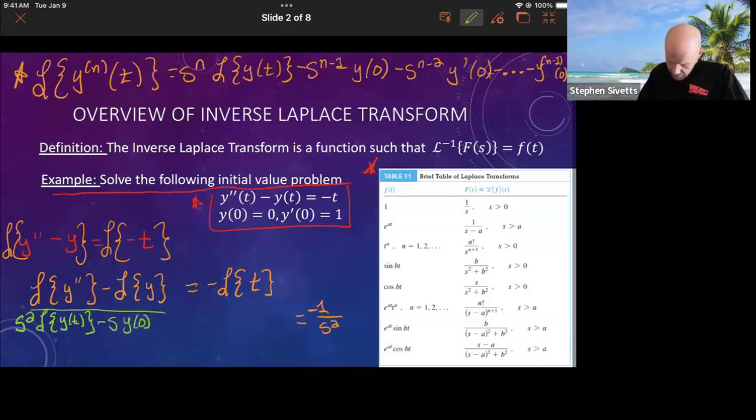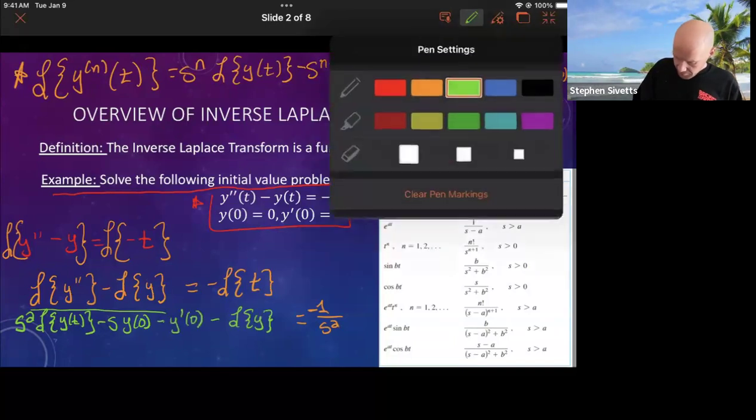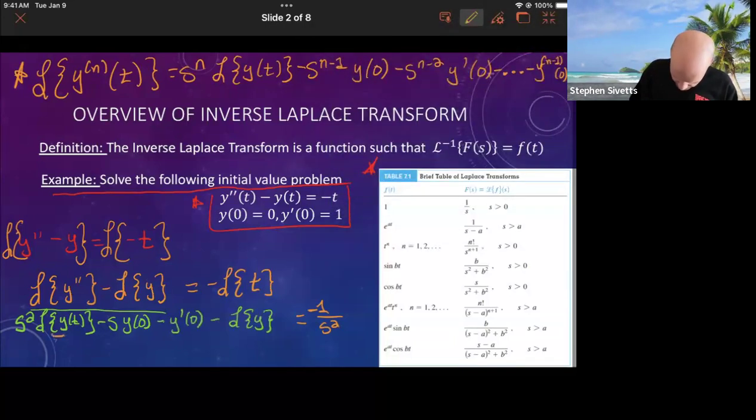And then we will have a minus y prime at 0. Okay. So that would be the first term on the left-hand side. And then the Laplace transform of y, it's just the Laplace transform of y. We don't know what that is. But in the textbook, they notate these quantities.